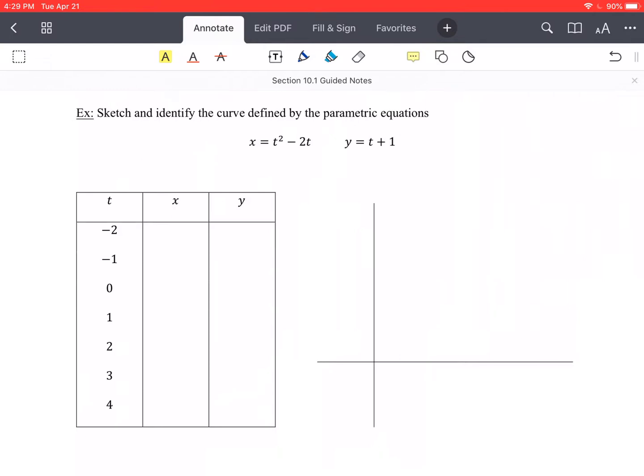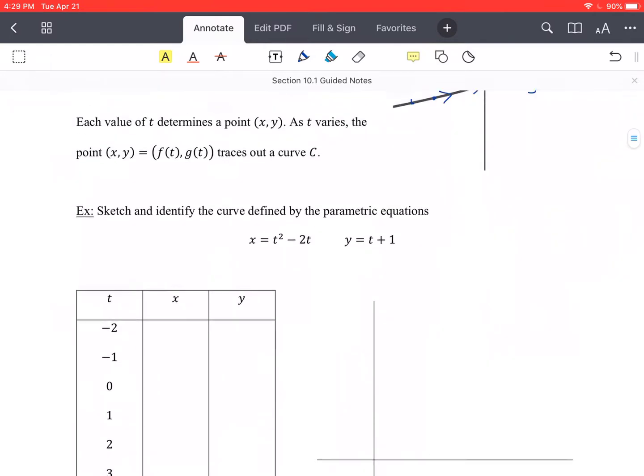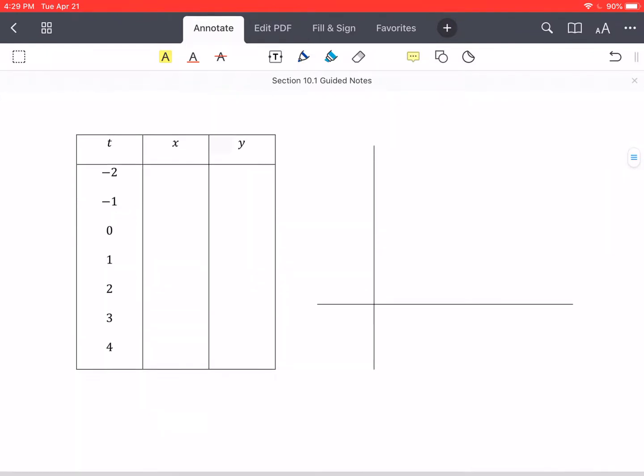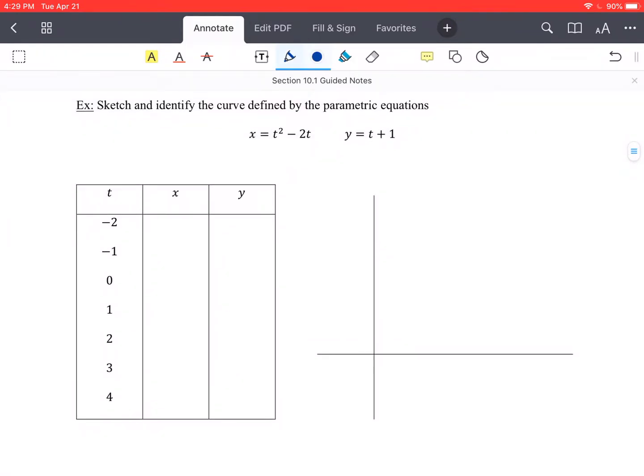If you look at the table over here, as the t value changes, we're going to get different values for x and for y, just by plugging the t value into those equations. Okay, so let's give it a try. Plug negative 2 in for x, so we get x equals 4 minus negative 4, which is 8.